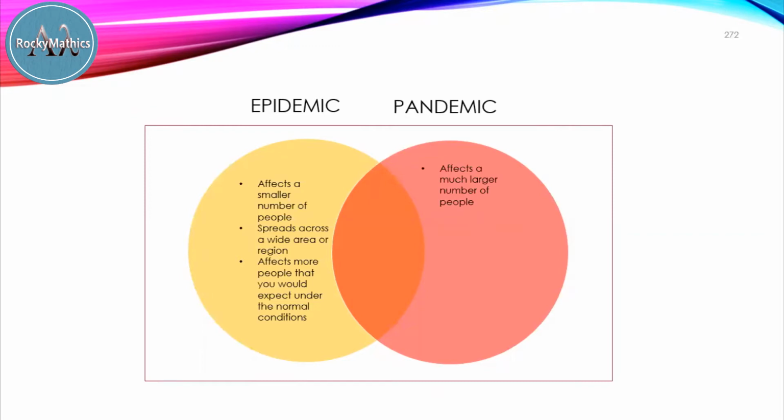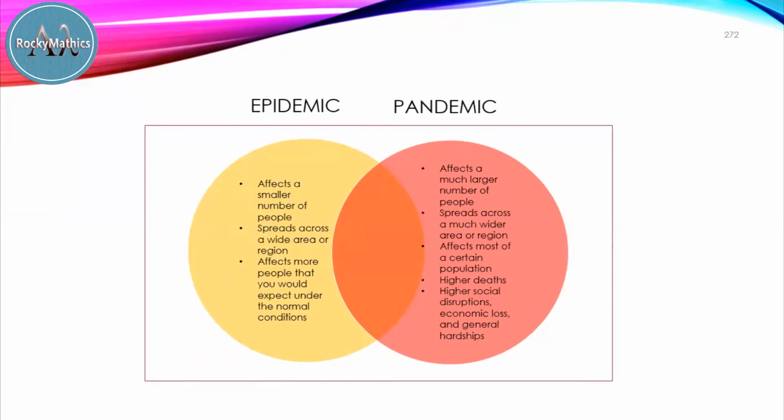While a pandemic affects a much larger number of people, so as compared to the epidemic, it spreads across a much wider area or region. It affects most of a certain population. It has higher deaths, higher social disruptions, economic loss, and general hardship. So these are the differences between the two.